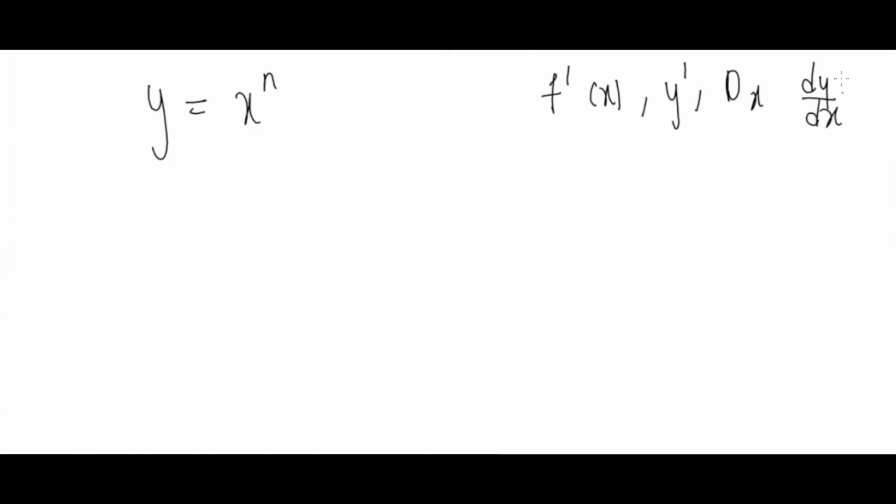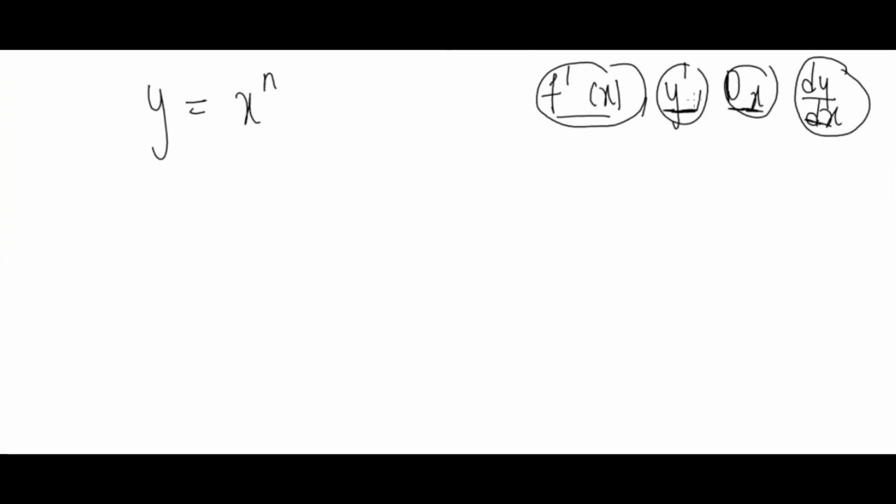This is the first derivative. It's the same thing. This is just a notation for the first derivative. So when you see something like this, don't be surprised. It's just the first derivative.